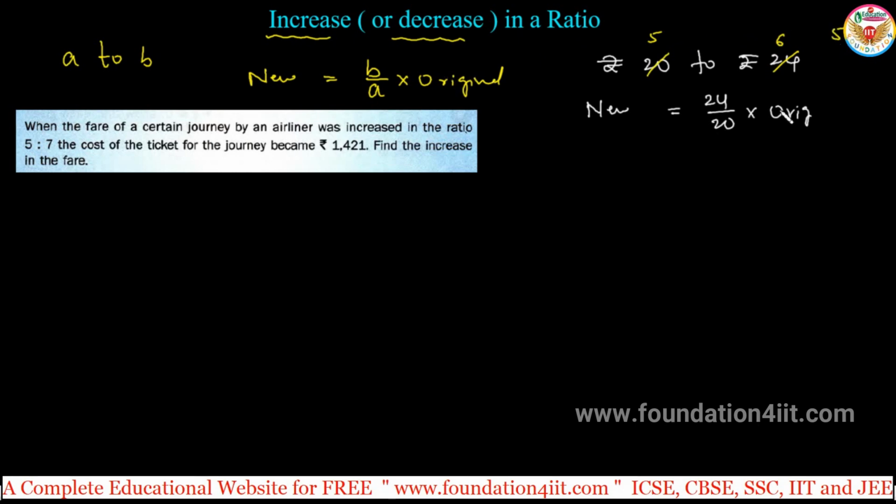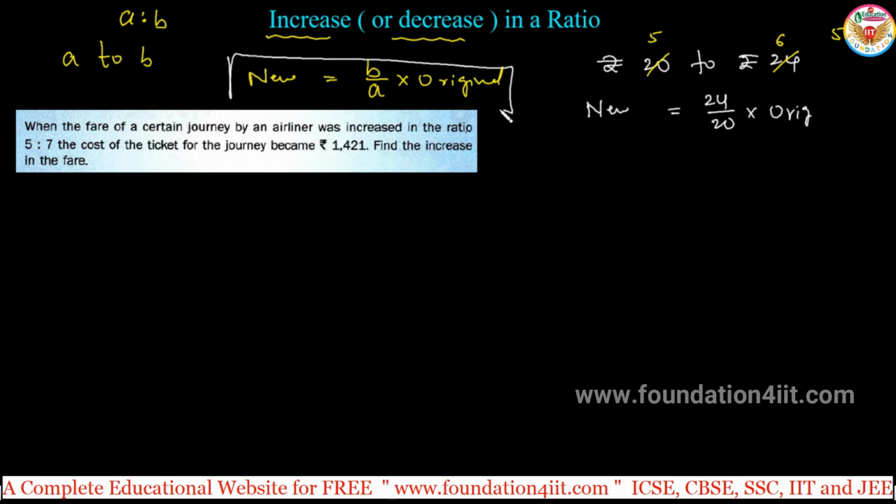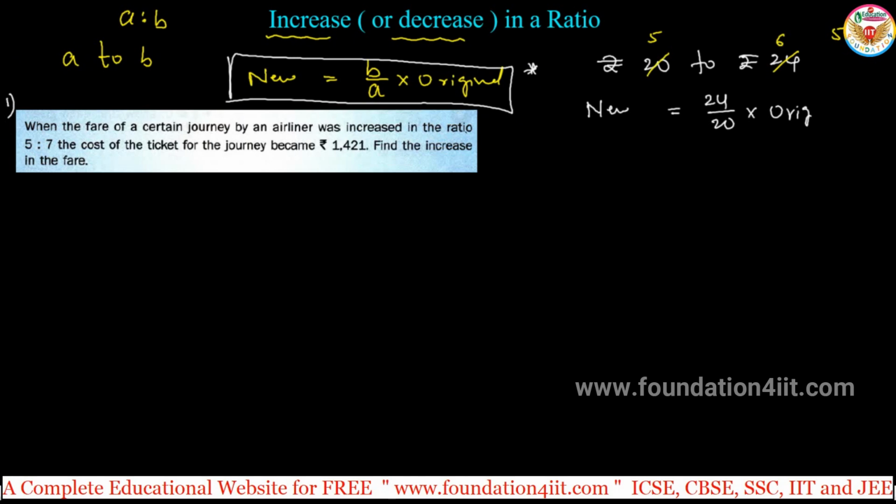If you know the original price, then 6 by 5 into the original is the new cost. This is the basic thing you remember. If increased or decreased in the ratio A is to B, then the new price is exactly equal to B divided by A into the original. Okay, this you remember. Let us see some problems based on this.